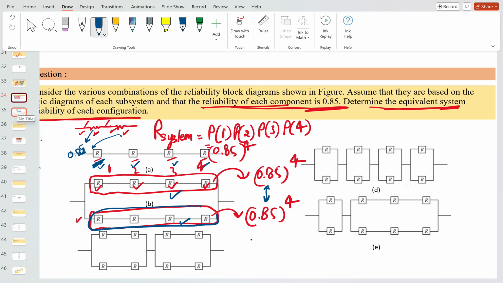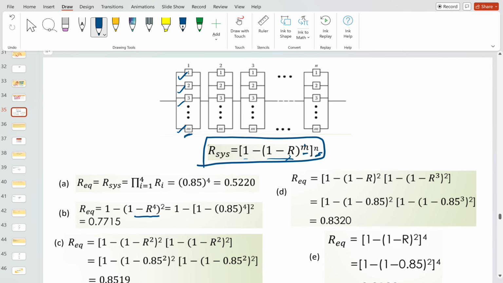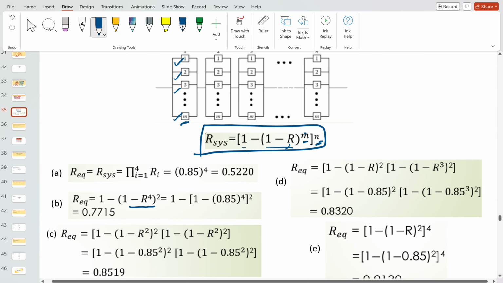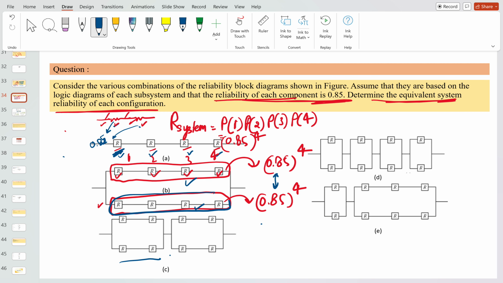When you see option B, it will come out to be 1 minus (1 minus r^4) squared. Okay, so this is option B. But when you see the third part, this is one system, and this overall system is in series with this, so you have to multiply.